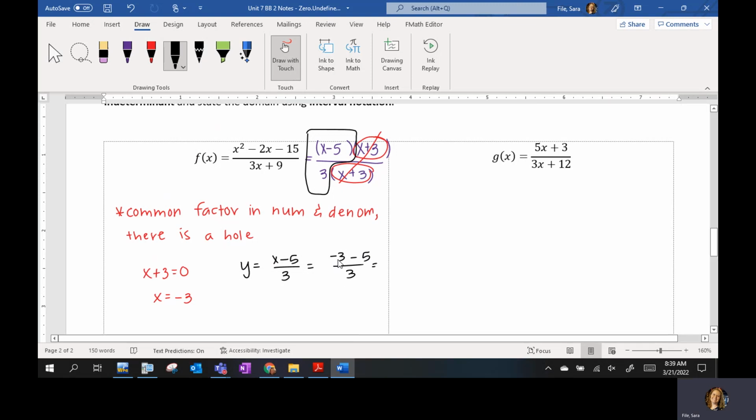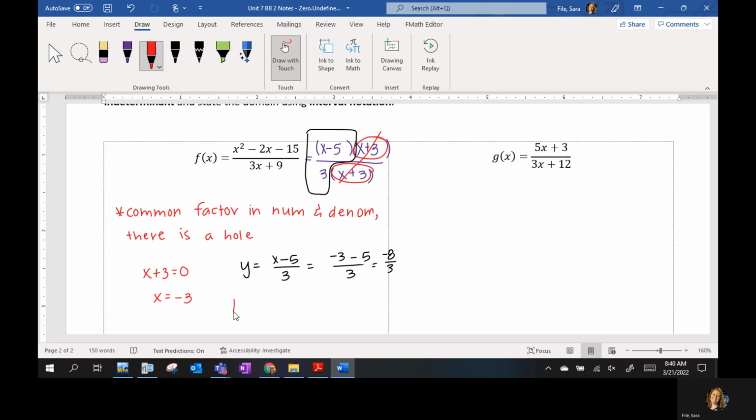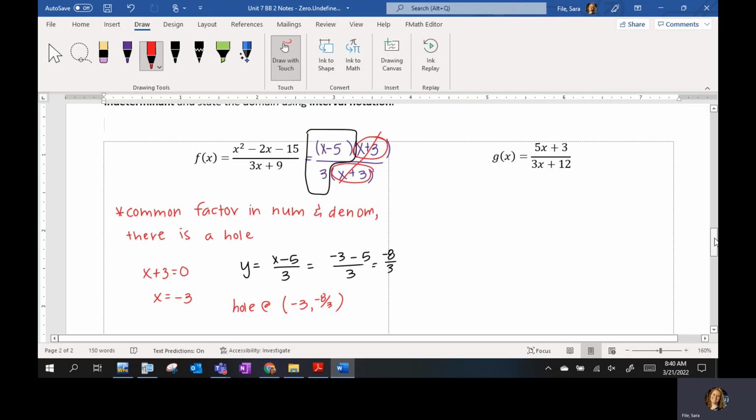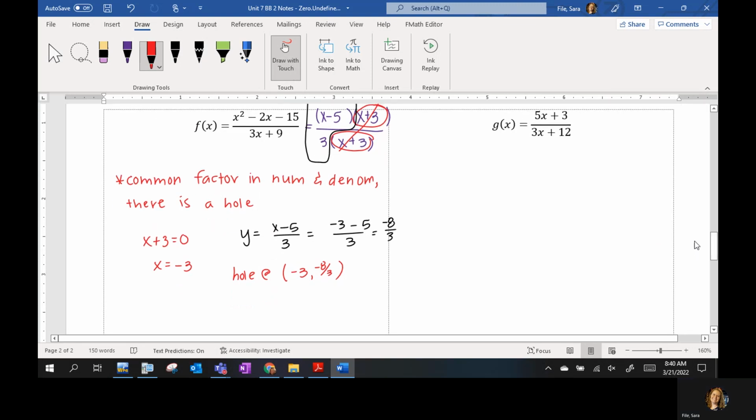So what's negative 3 minus 5? And that doesn't reduce, does it? So negative 8/3 is the y value. So there is a hole at negative 3, negative 8/3. That's the actual coordinates of the hole. Y'all follow? Okay.